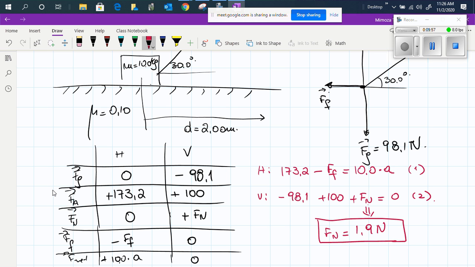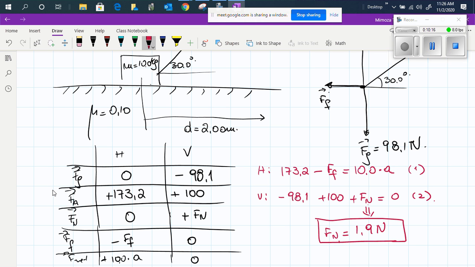So as you notice here, another thing is that force normal is not always equal to force of gravity. Force normal changes based on the situation that you are at. Okay?